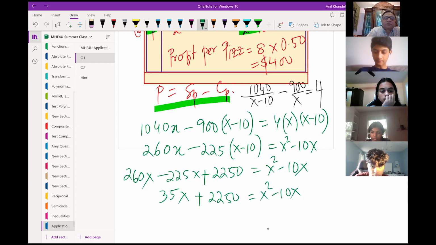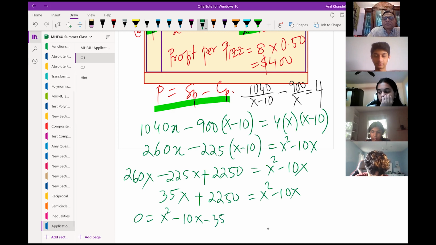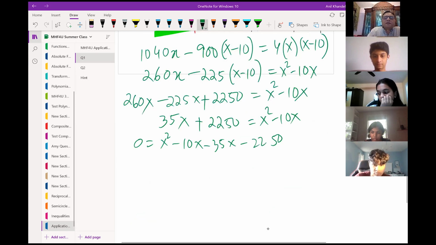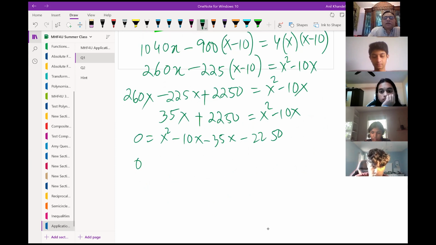Bring all the terms together. So 0 equals x square minus 10x minus 35x minus 2250. So 0 equals x square minus 45x minus 2250.